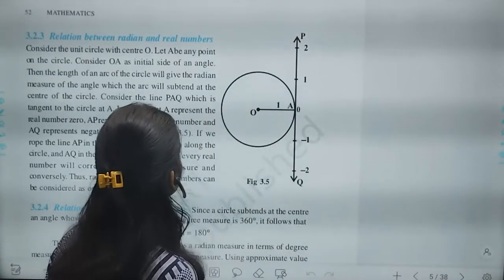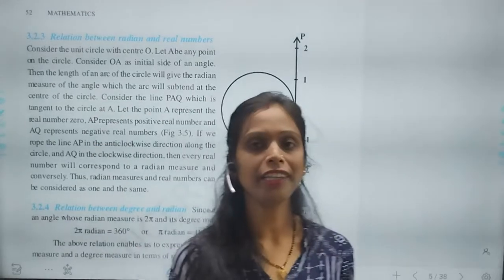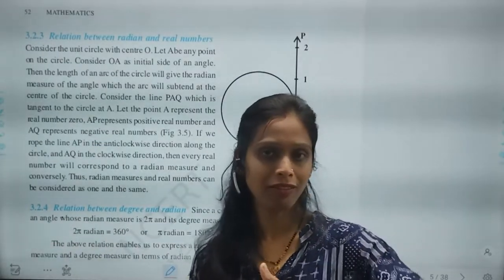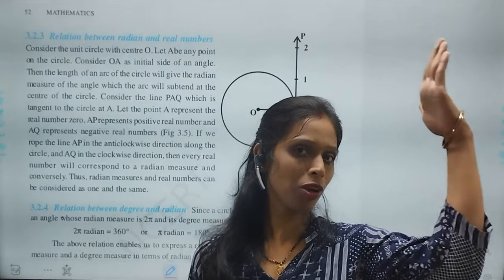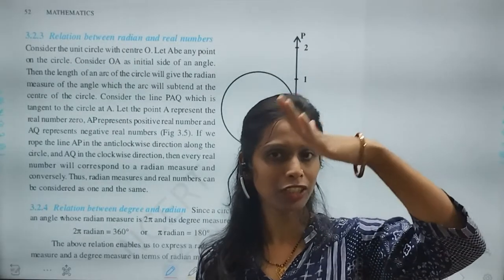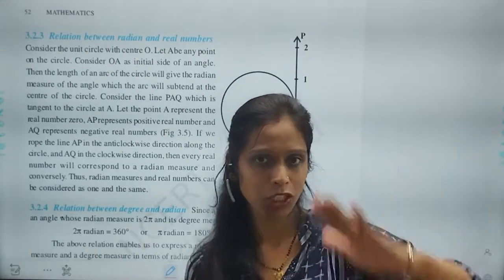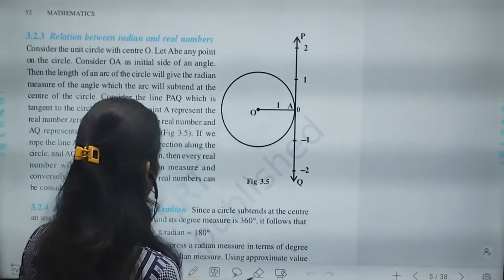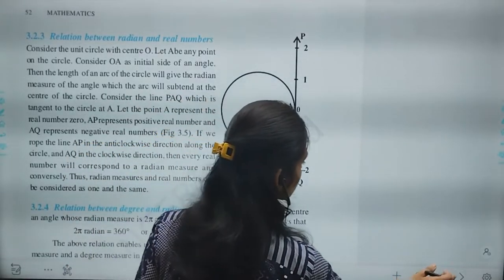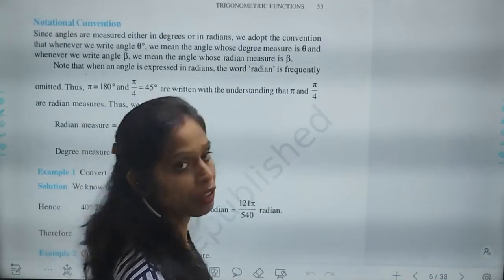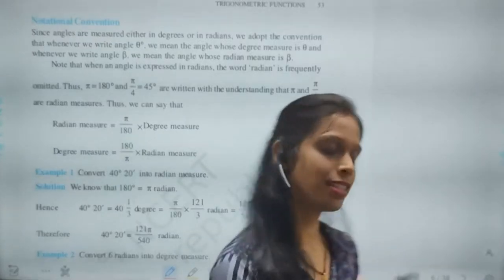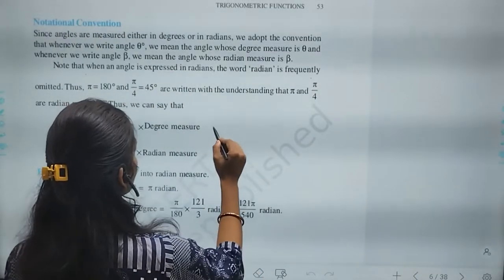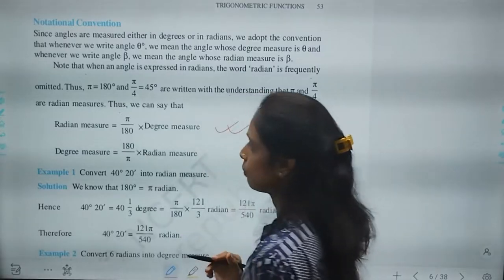Now how do we connect a radian with a real number? When it goes anti-clockwise, it is positive, and when it goes clockwise, it will be negative. But now, what is the relation between radian and degree? You have already learned about a radian.